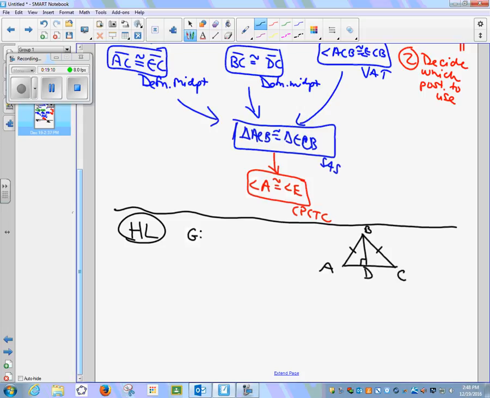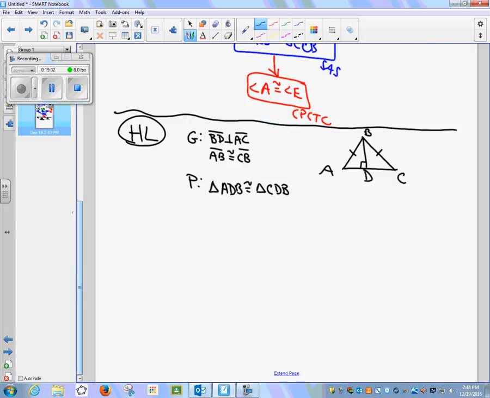If we have something that says given BD is perpendicular to AC and AB is congruent to CB, let's just prove the triangles congruent, that triangle ADB is congruent to triangle CDB. Okay, so again, we follow our steps.